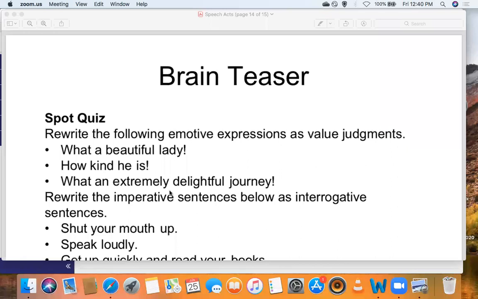Kind. He is kind. So you just remove the how, and then you take the kind to the end of the sentence. Remove the exclamation mark. That's all. If you make any other changes, it's not right. You just do only what is necessary to answer the question.